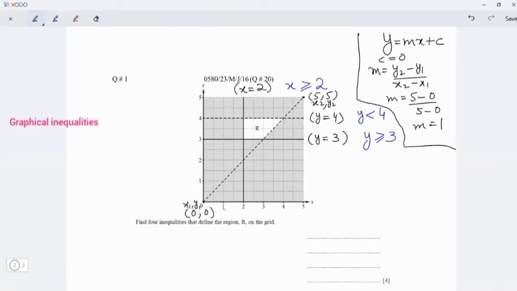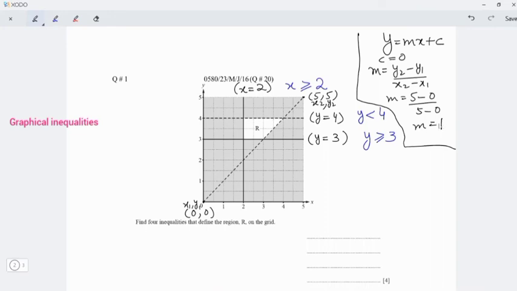If I take x equals 1, the value of y is also 1. If we take x equals 2, y is 2, which means there is just an increase of 1. So this is the value of the gradient.